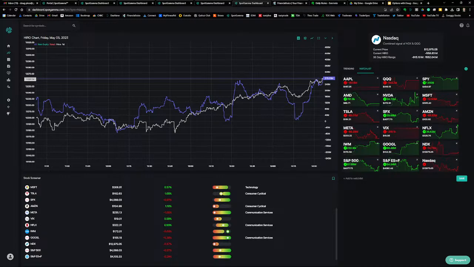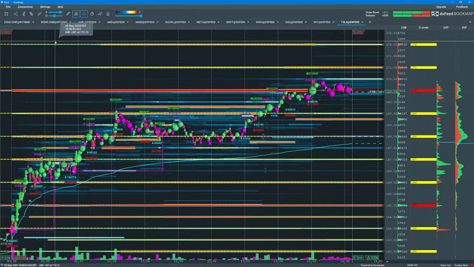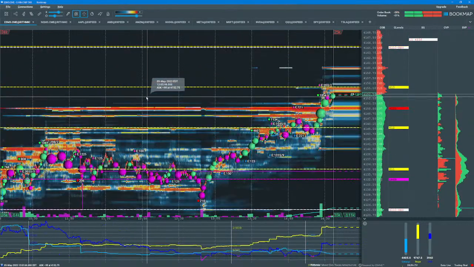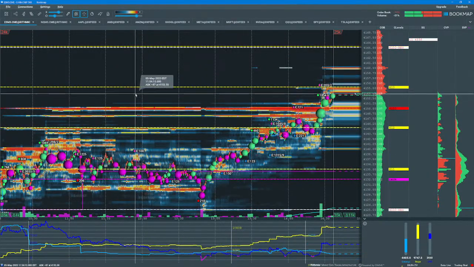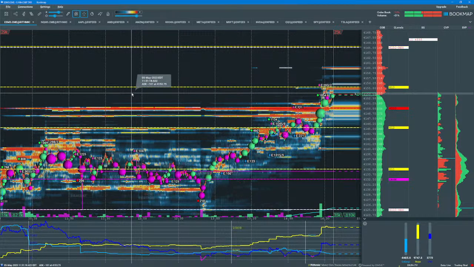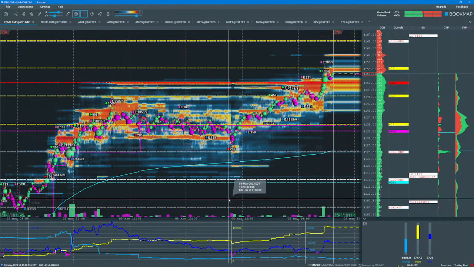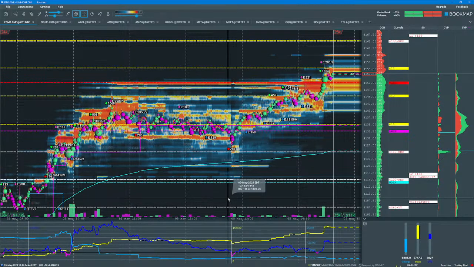We'll go to Bookmap. So Tesla struggles at the 170 call wall, and the S&P 500 continues higher. It looks like now it's past the ES 4150 level and heading up to the SPX 4150 resistance level, and continued to be fueled higher with stop orders, shown by the rising yellow line on the subchart.